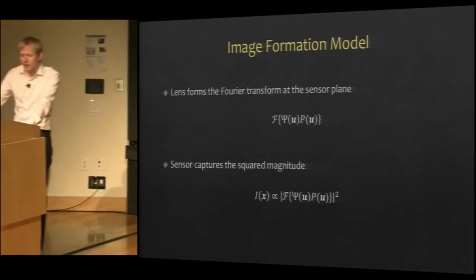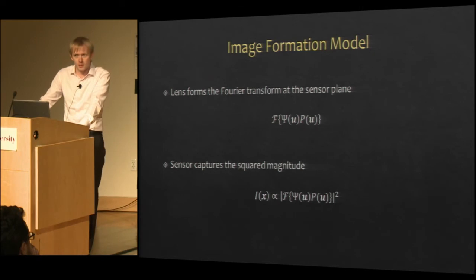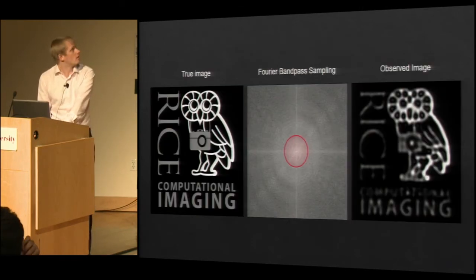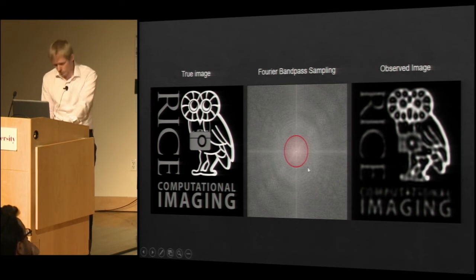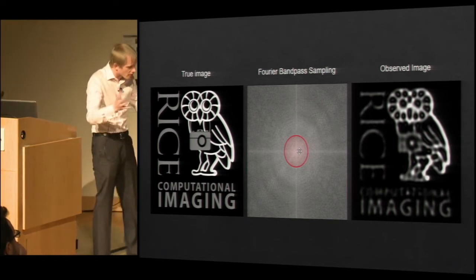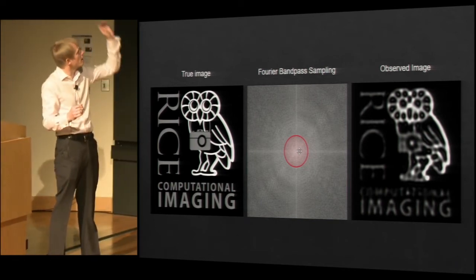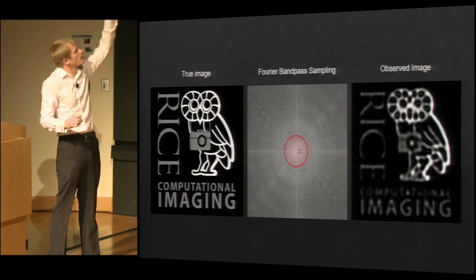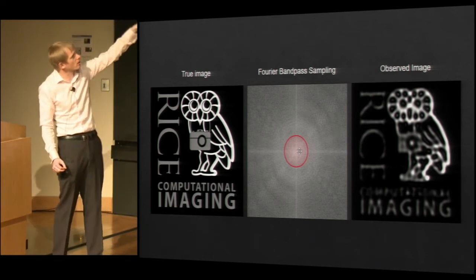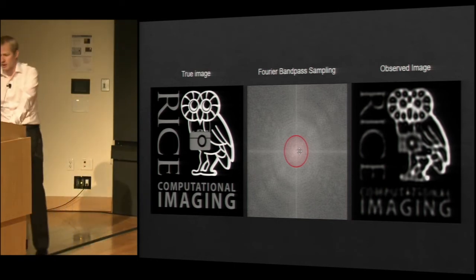Now, to illustrate what that looks like, if I take this synthetic simulation data, I have my true object, its Fourier transform, which is bandpass filtered by this red circle, and then the image that you would observe on a sensor.